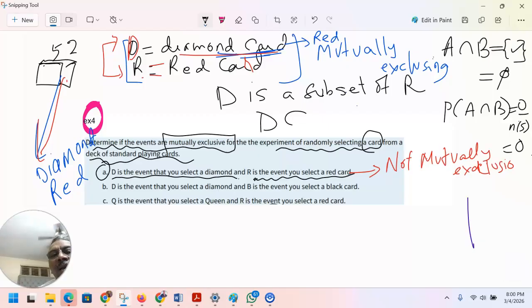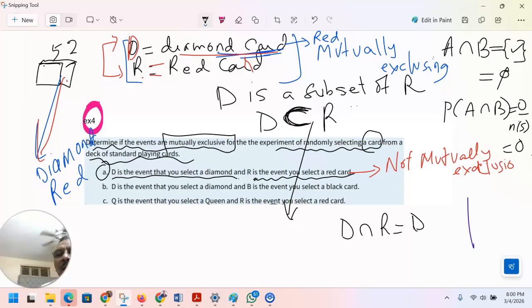That means D is a subset of R, drawn like a horizontal U shape. And then you will see later on that D intersection R is D itself. It means every diamond card is inside the red card. The red cards themselves number 26, and among them are all those diamond cards. If you want to take the intersection of these, it is this one, which is common to both the red cards and the diamond cards. So this is what you're going to learn later on.